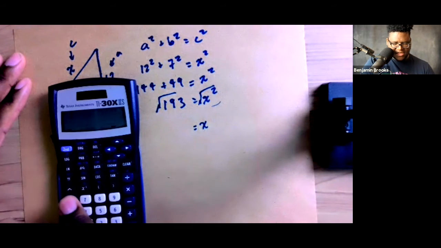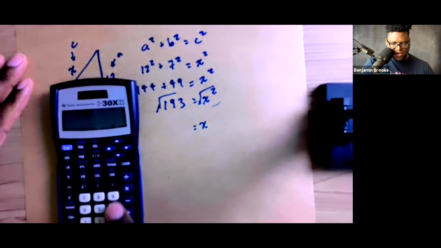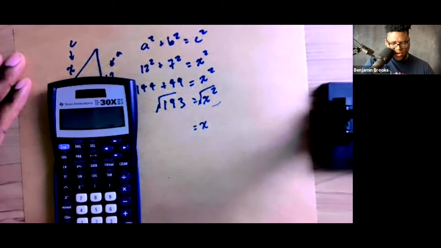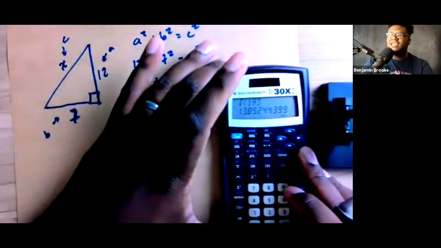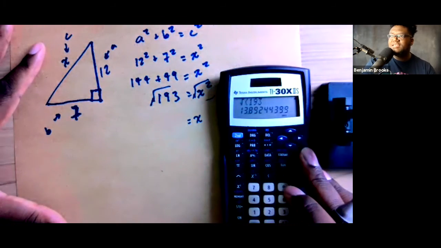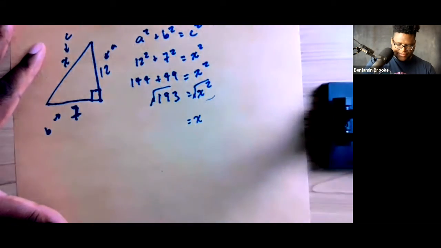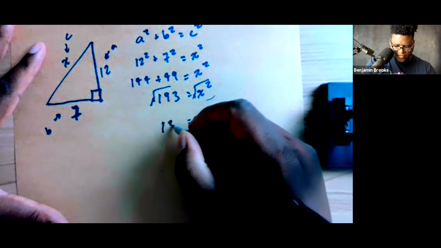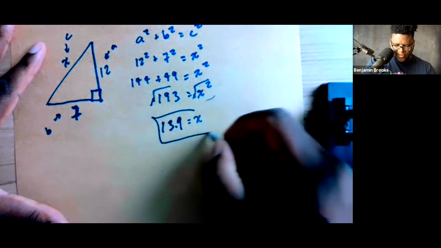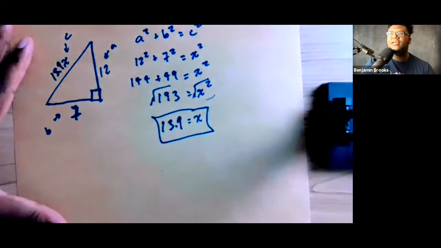I'm going to hit second, hit that, 193, enter. And we are getting 13.89. So 13.9. So we know that this side right here is 13.9.